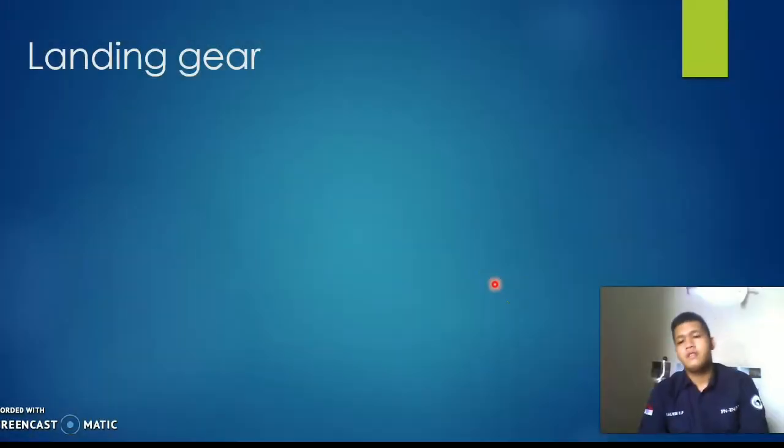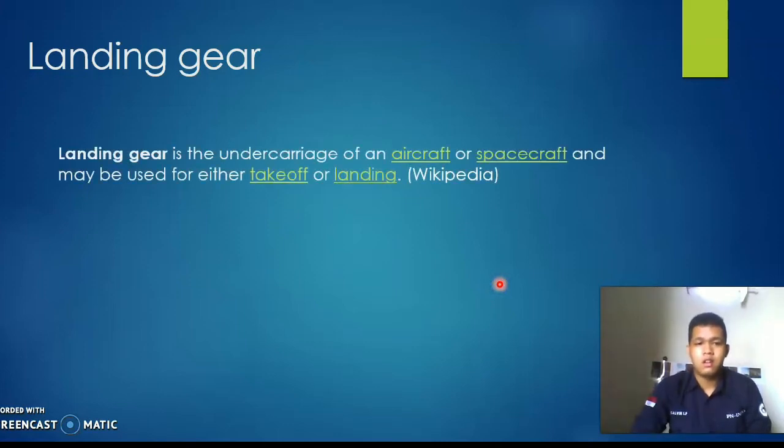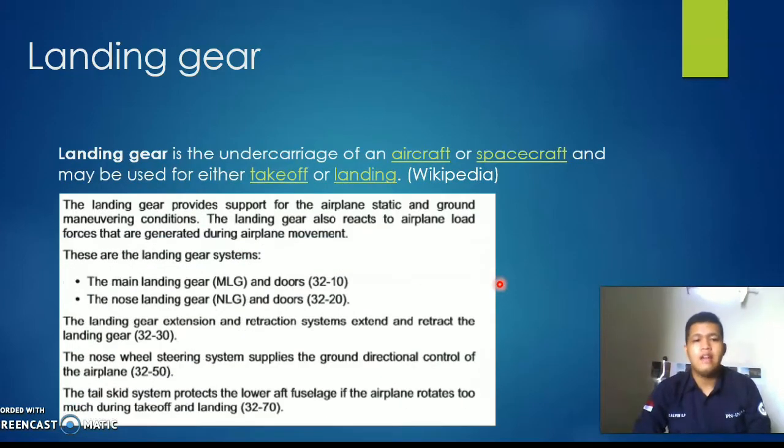So after we know about corrosion, let's talk about landing gear. Landing gear is the undercarriage of an aircraft or spacecraft and may be used for either takeoff or landing. This is from Wikipedia.